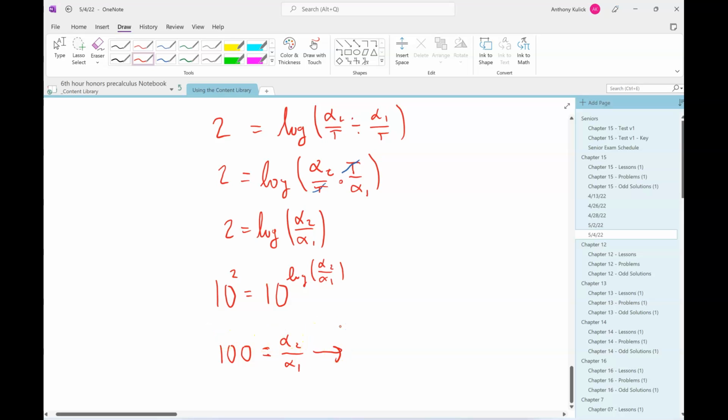So what is this relationship saying? So the alpha 2 comes from the Chilean earthquake, right? So we can say that earthquake is 100 times more severe than the San Francisco earthquake.